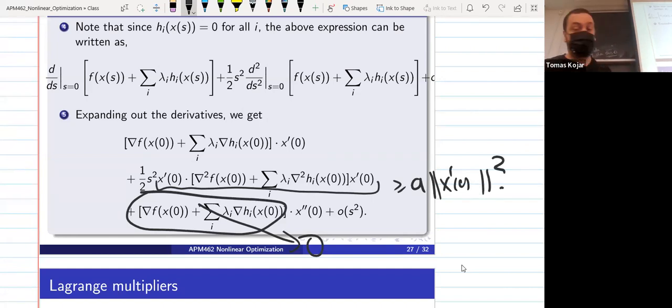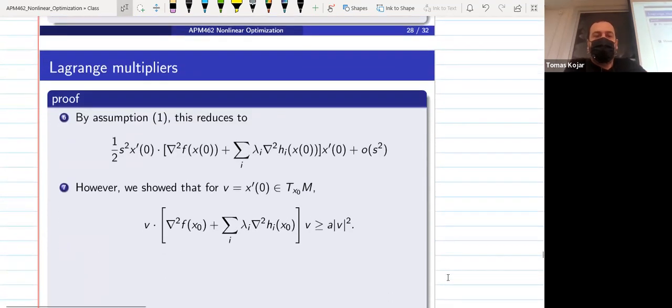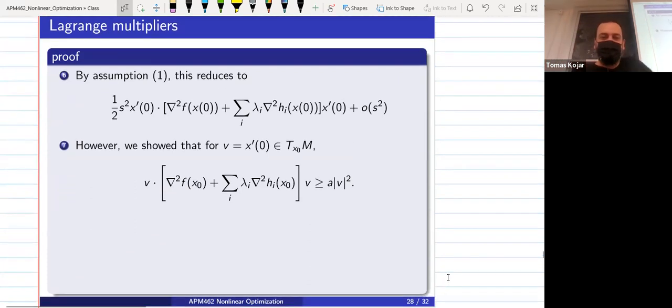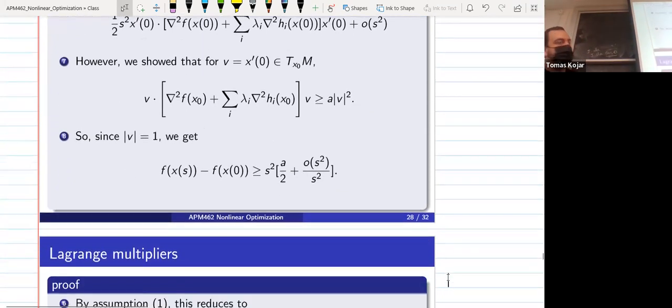Okay, so we killed off the gradient stuff, and we talked about using the spectral theorem. You can get A to be lambda 1. I remember you asked this a long time ago, so this is why. So this is the lambda 1, but it's norm 1, so you're just left with this expression.